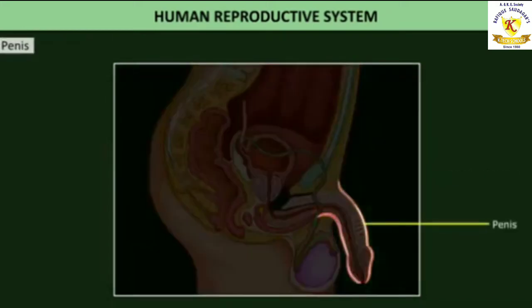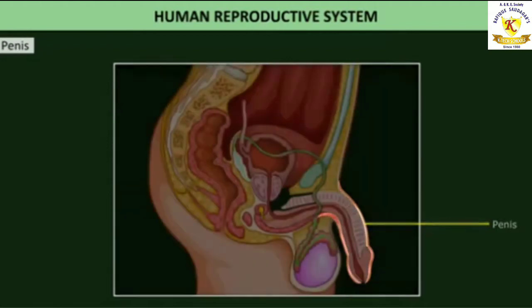Next is penis. Penis is a cylindrical and erectile copulatory organ. It forms the external genitalia of the male and it helps in copulation. Let's see the next.